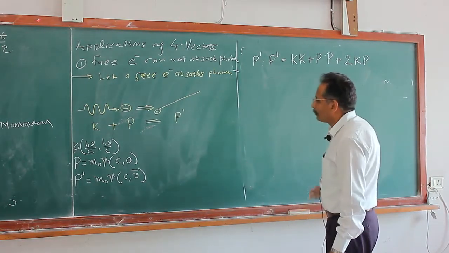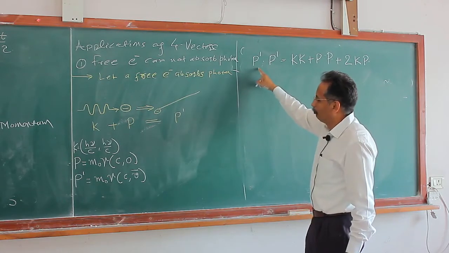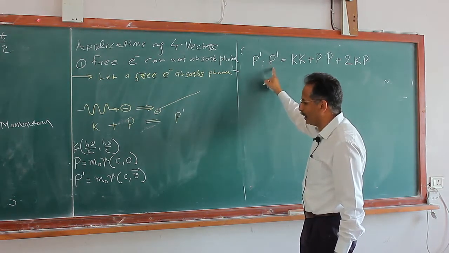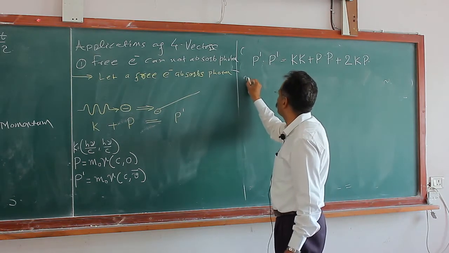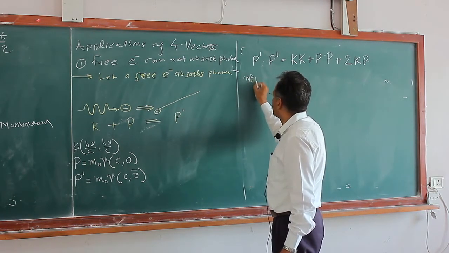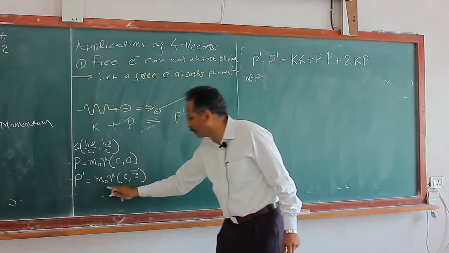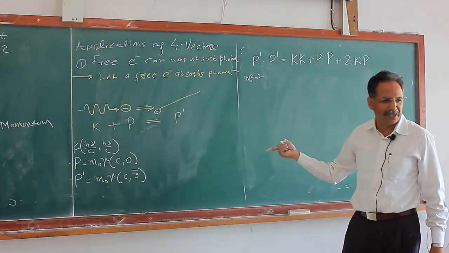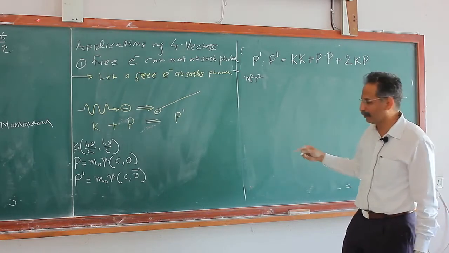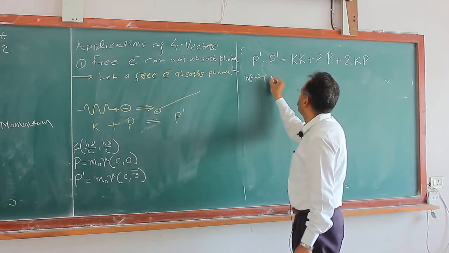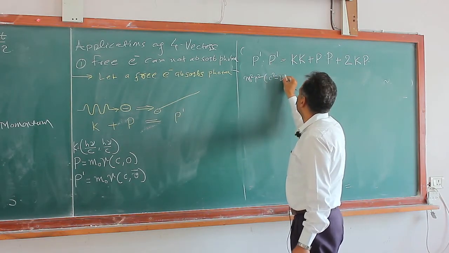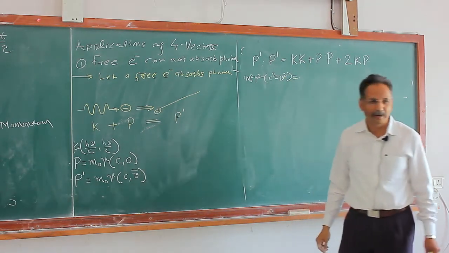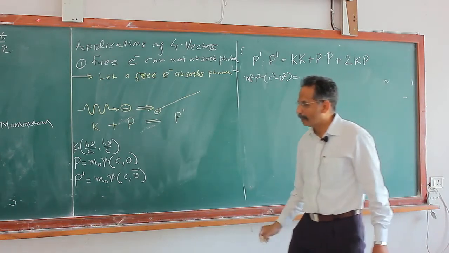Now, let us work out P dash dot P dash. It will be m0 square gamma square into C square minus V square, V bar dot V bar rather. So it will be C square minus V square. This is equal to K dot K, which is 0. We have already done it here.